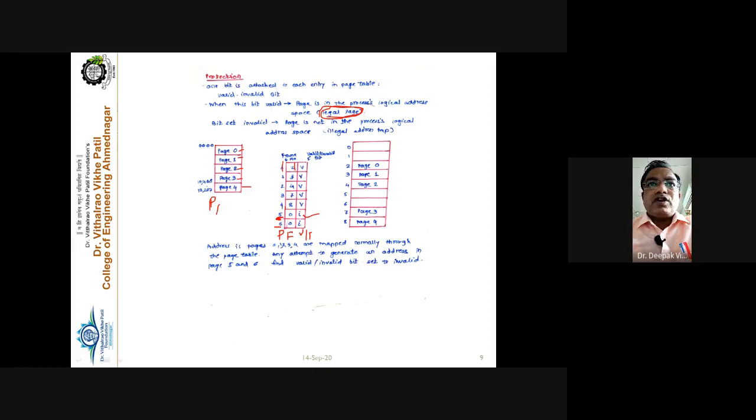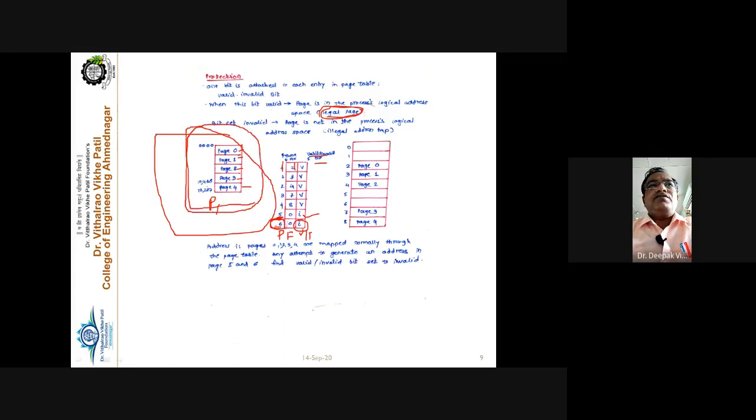Or page number 6 for process P1, if the OS tries to access it, it is marked as invalid, because page number 6 is not part of the logical address space of that process. Getting this point? Remember, this concept is very important. What is the significance of the valid and invalid bit? If the page is part of the logical address space, then we call it a valid page.